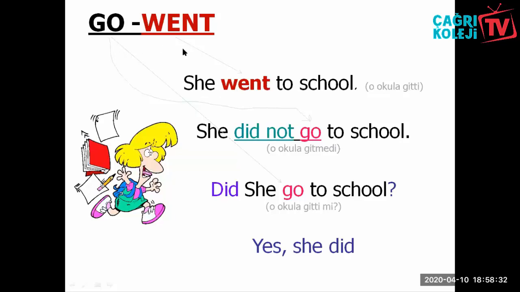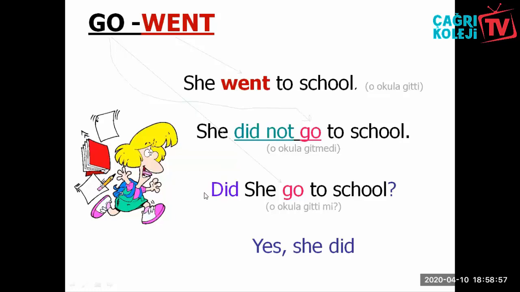No. She went to school. She didn't, or did not, go to school. You see, when it is negative, we use the bare infinitive, without to, without ing, or without ed. We just write the verb as it is.